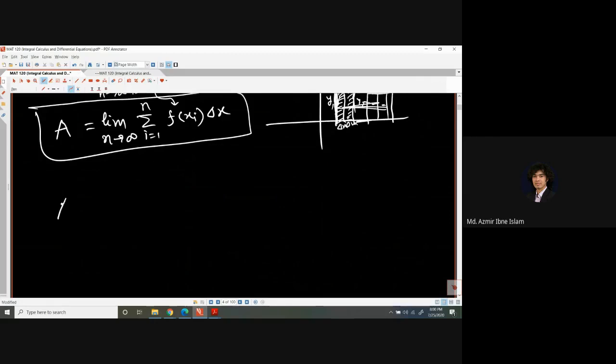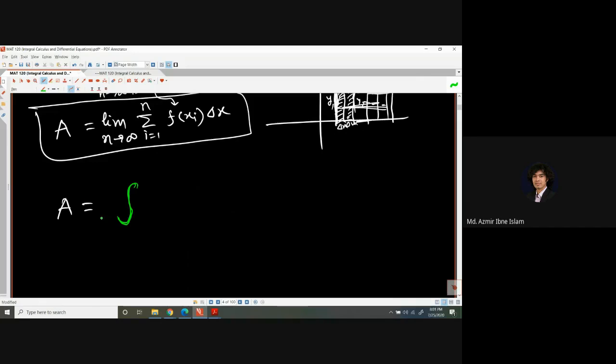now we can extend this idea with a new approach. Instead of using the limiting concept, we are using this sign which is now known as the integral sign.